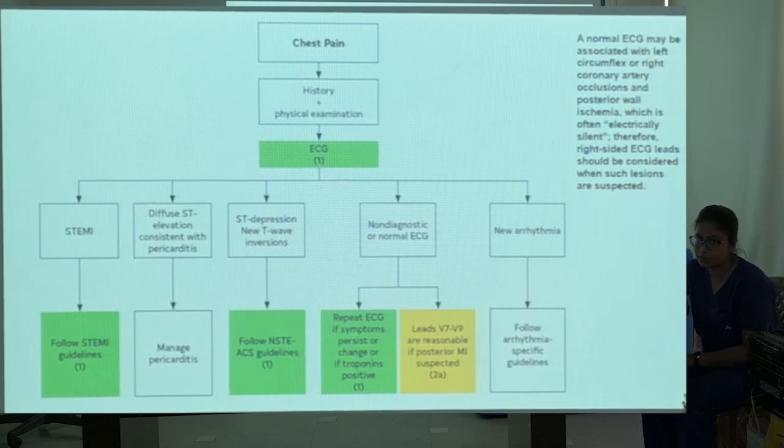So what are the criteria for ST elevation? How much ST elevation? In what lead? More than 2 millimeter? Have you read it, or just guessing? No, you are close. It's not more than 2 millimeter; it is more than 1 millimeter ST elevation in all leads except the right precordial leads, V1 and V2.